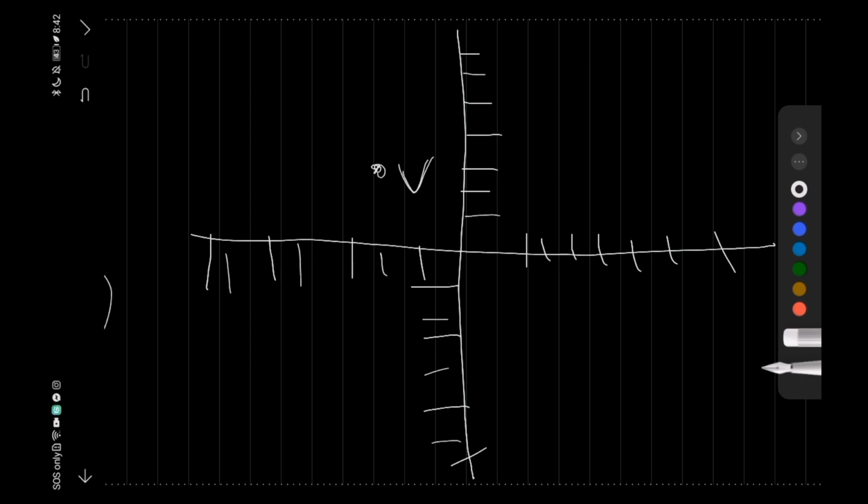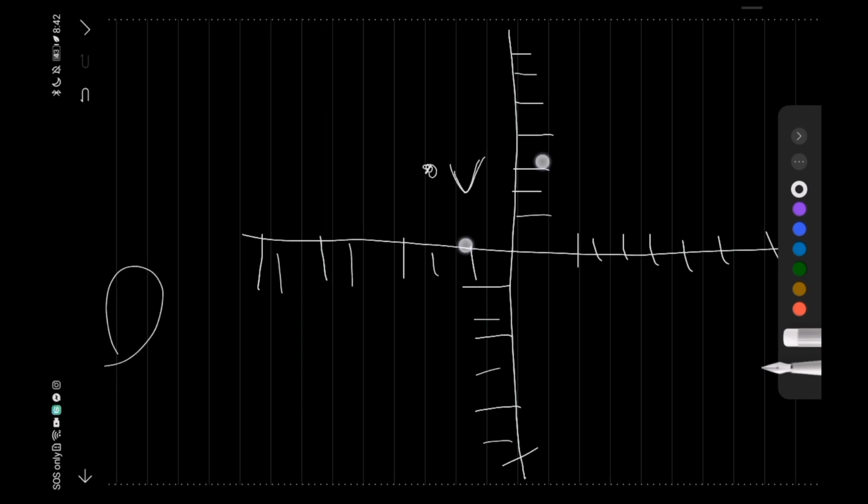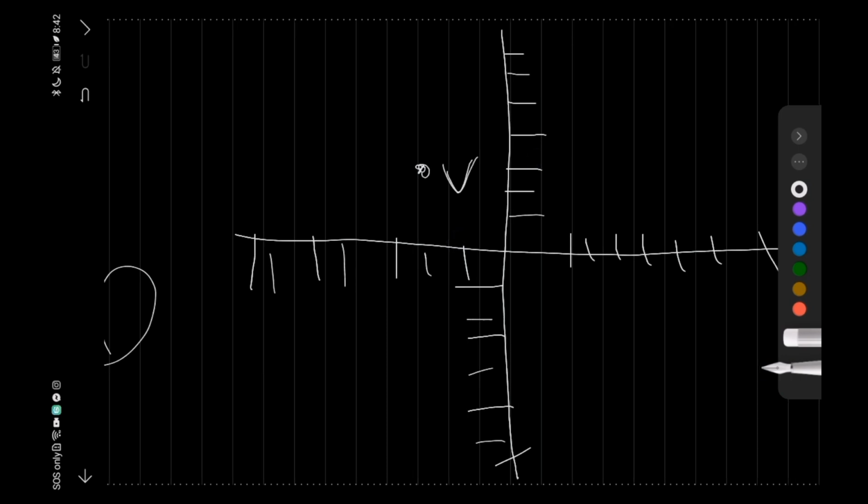Let's locate the focus. Our focus is 3, and the opening is upward, so we will go up from the vertex. 1, 2, 3.